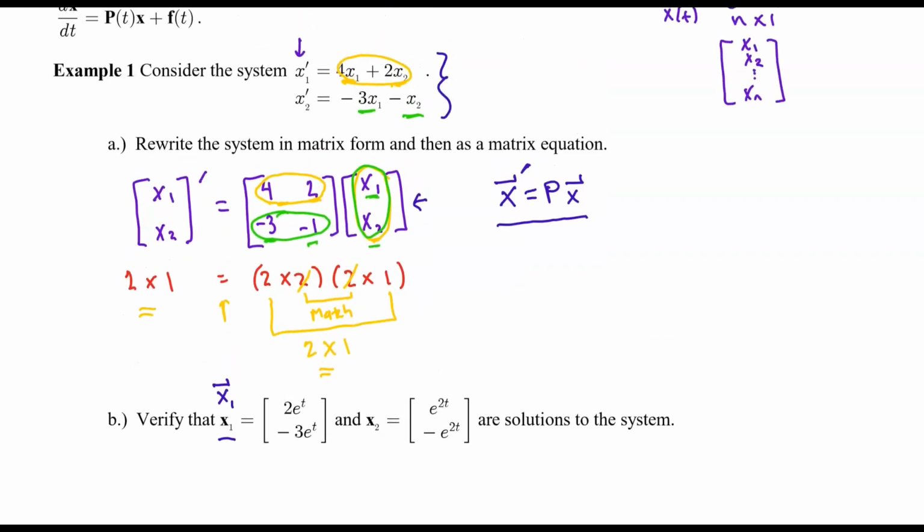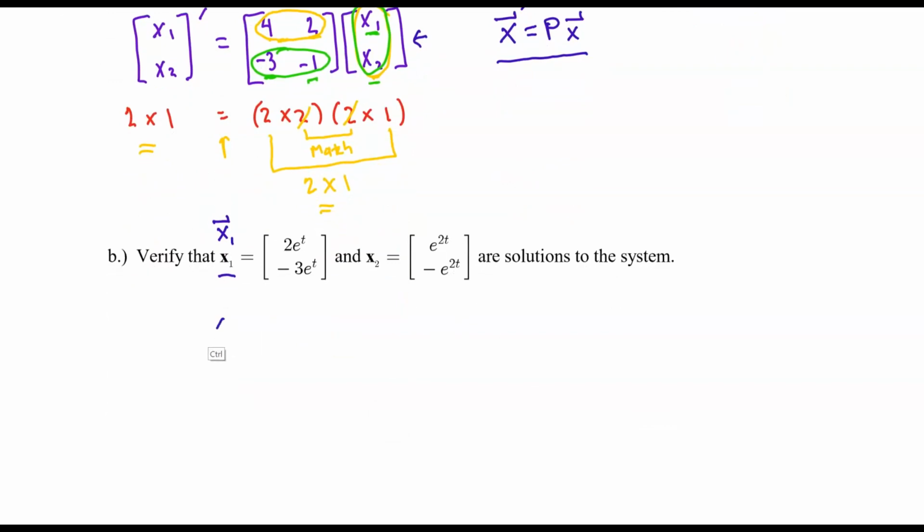Remember, my dependent variables to the system were called x sub 1 and x sub 2. So this vector, x sub 1, contains a value for x1 and x2. So this x1 is different than this x1. The one that is in bold print, or as by hand we would write with a vector hat, just means this is one particular solution. Okay, same thing here.